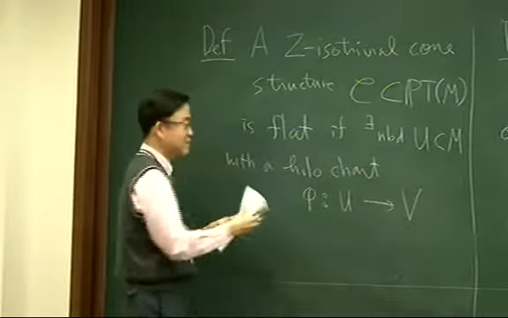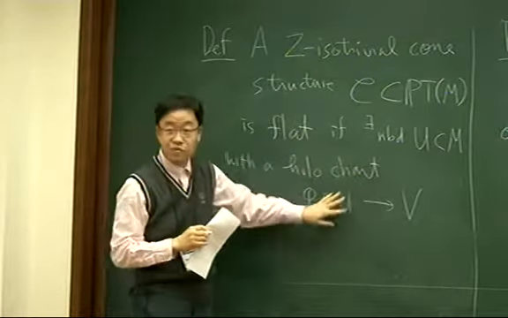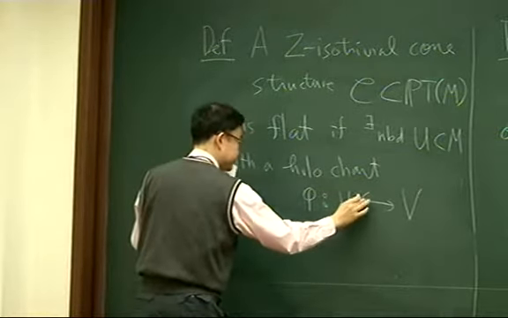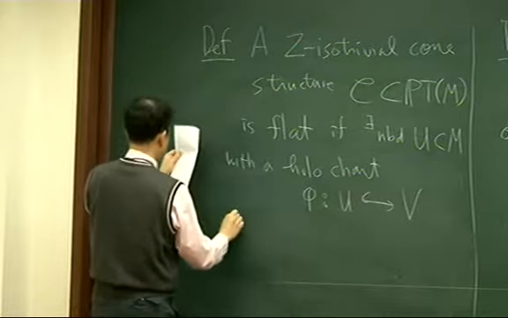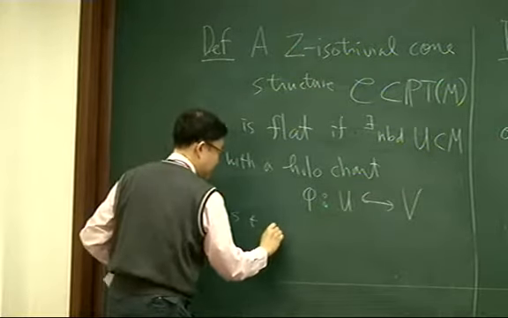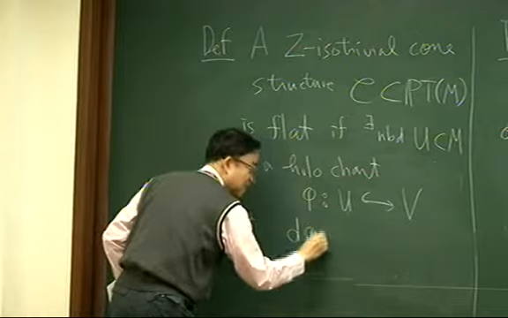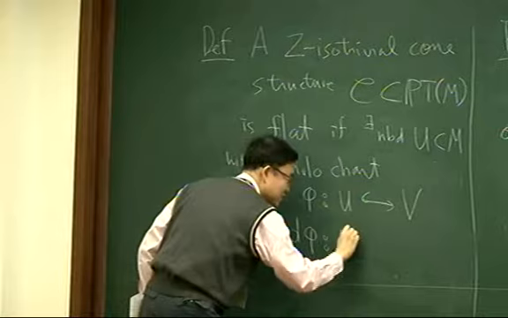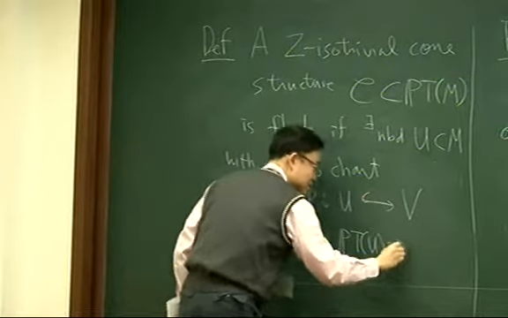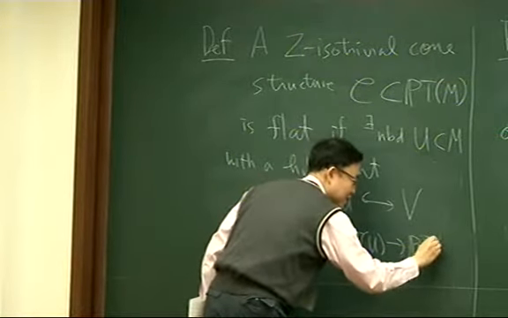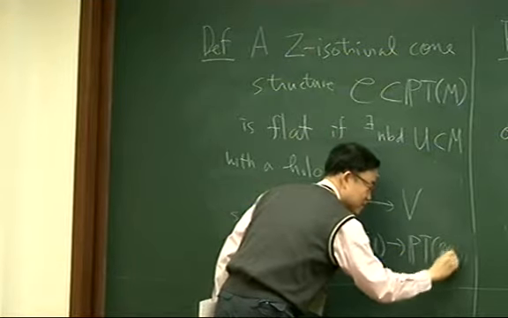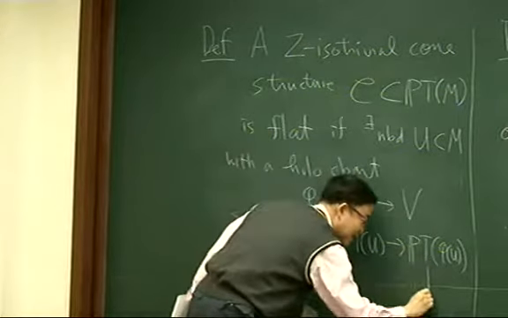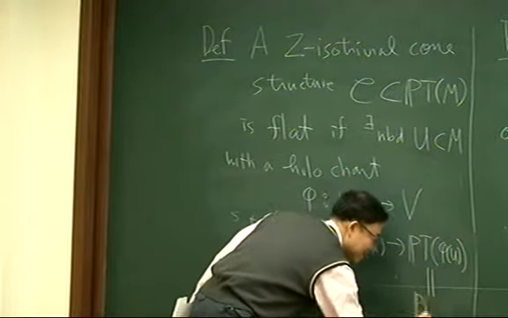The holomorphic chart just means a biholomorphic map from this neighborhood into the vector space. And then such that the differential of phi defines a map from the projectivization of the tangent bundle of U to the projectivization of the tangent bundle of the vector space. But this is a tangent space of a vector space, so this is canonically isomorphic to PV.